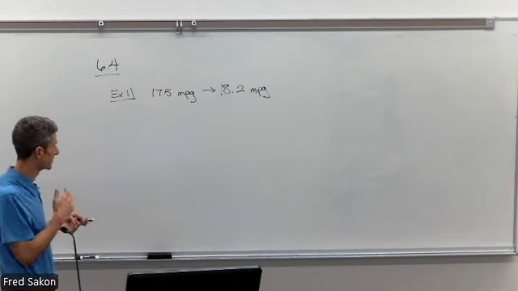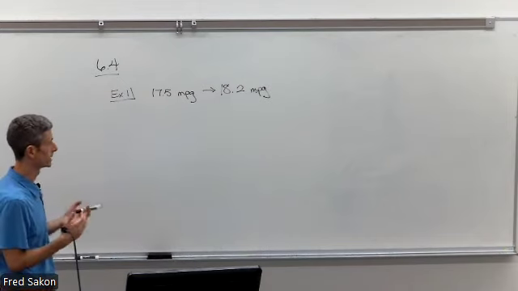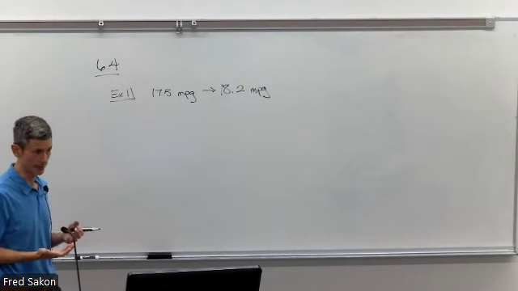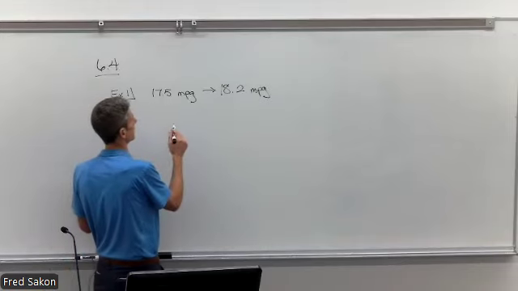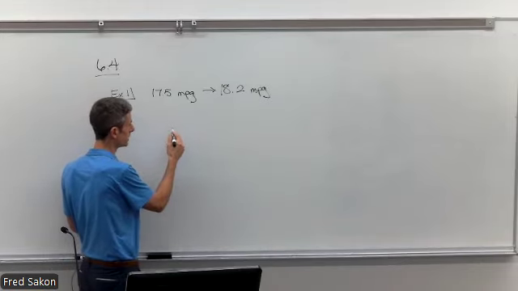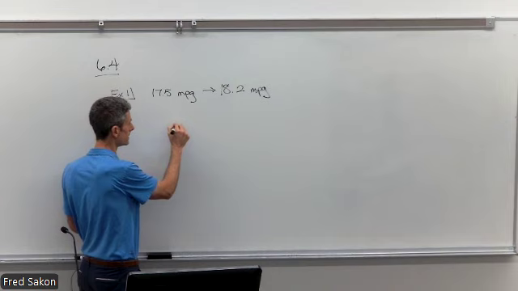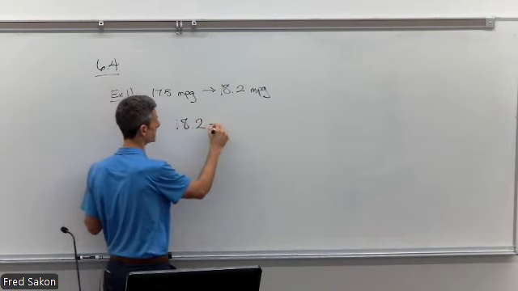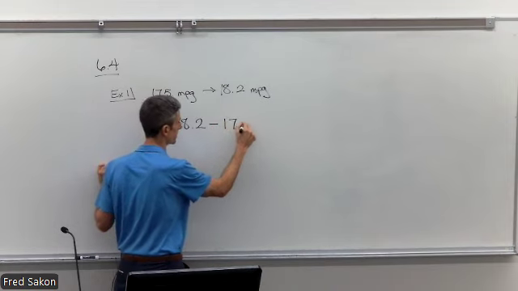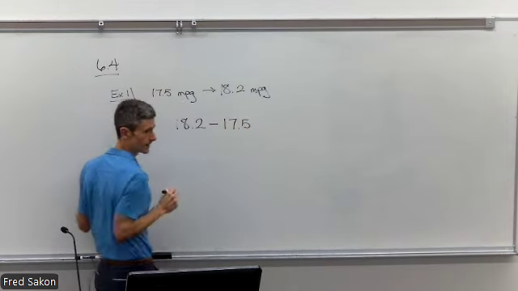Maybe we switched and took a road trip, so we're getting better gas mileage on the highway than in town, right? So what was our percent increase in gas mileage? We need to take the new amount, 18.2, and subtract the old amount of 17.5. That's our first step.